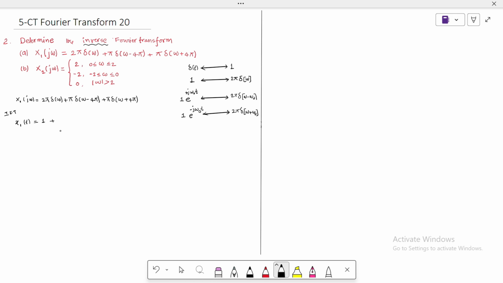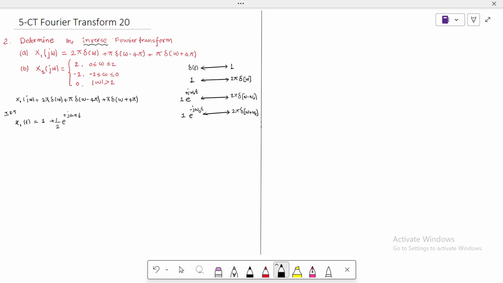So multiply and divide for that. Here I'm trying 2, so 2 pi into, so this is frequency shifting. So that 1 must be e power, so then here we'll get j into, what is the omega naught? 4 pi. This is the omega naught. So 4 pi into t.